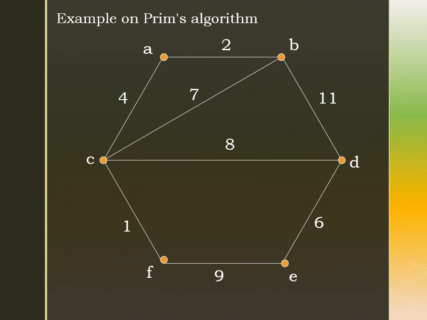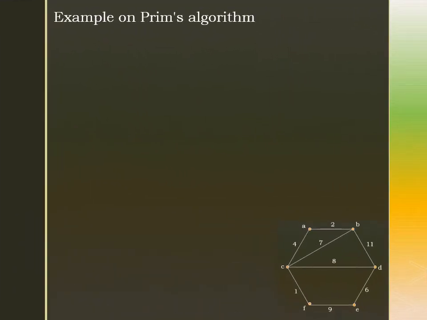Let us obtain the minimal spanning tree for this given graph using Prim's algorithm. To start with, the given graph contains 6 nodes, so the resultant spanning tree should contain 5 edges.